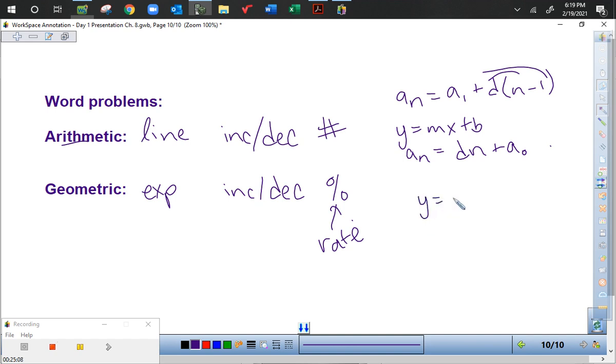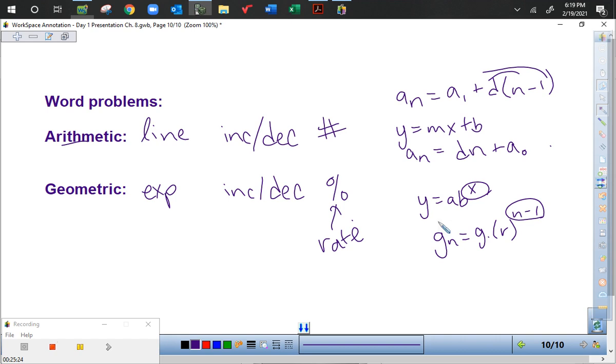Exponential looks like y equals a b to the x on your note card. It uses g for geometric, first term, rate, and the biggest difference is the power. It's really important that you're asking yourself if the initial value is supposed to be at time 0, or if your initial value is supposed to be at time 1.